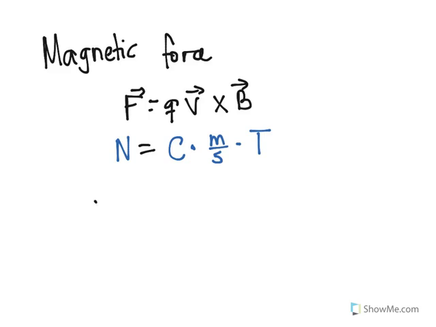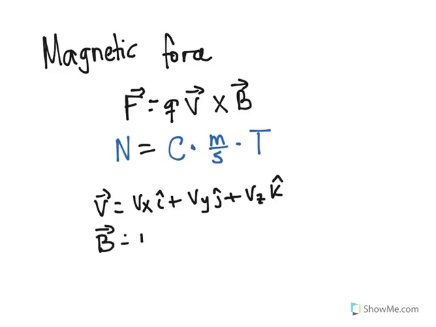So if I have, for instance, v as Vx in i plus Vy in j plus Vz in k, and we have, for instance, B as component X in i plus component Y in j plus component Z in k, we can build a matrix, and this matrix will help us perform the cross product.